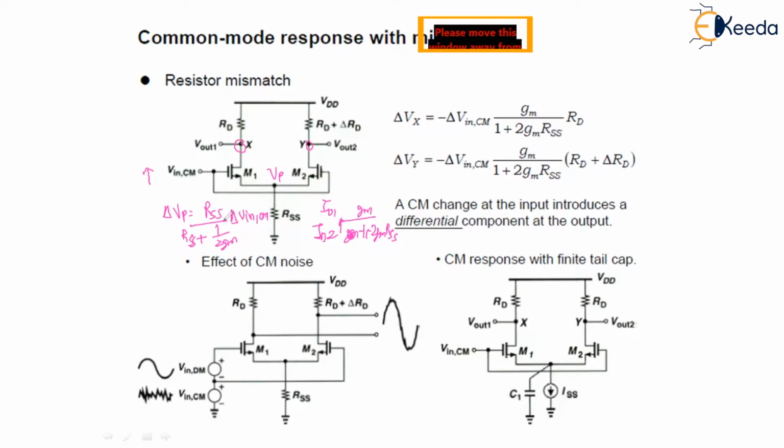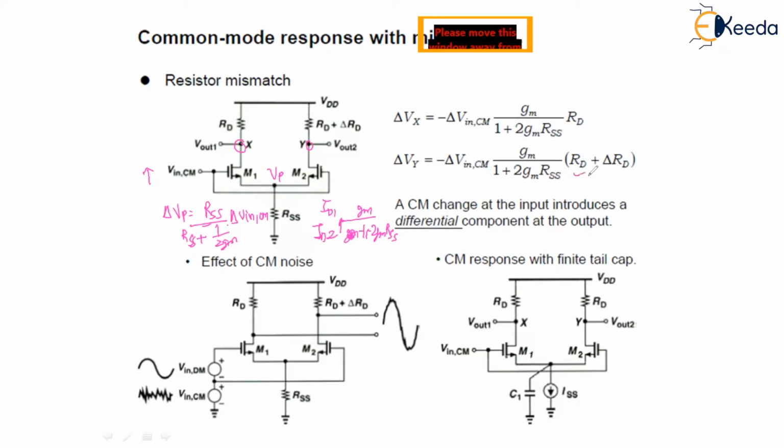times RD. This is again the Thevenin rule we have applied here, so del Vx changes due to the increase in Vin,CM by negative gm upon 1 plus 2 gm RSS times RD, whereas Vy changes due to the change in Vin,CM by negative of del Vin,CM times gm upon 1 plus 2 gm RSS times RD plus del RD.